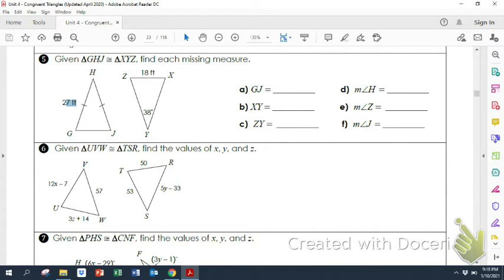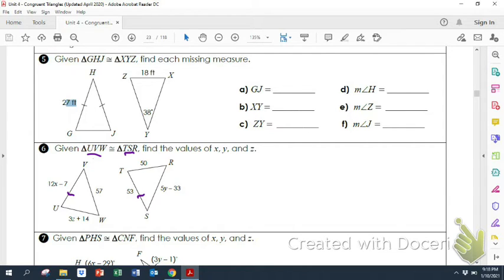All right, on this next one, on number 6, we have two congruent triangles again. And let's label this so that we can easily figure out what X, Y, and Z are. So from the congruency statement, we know that UV corresponds to TS. So I'm going to go UV to TS.